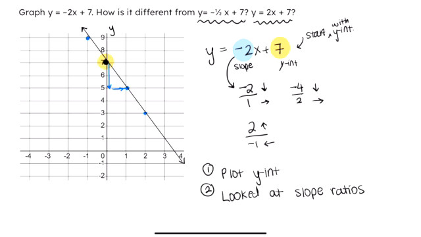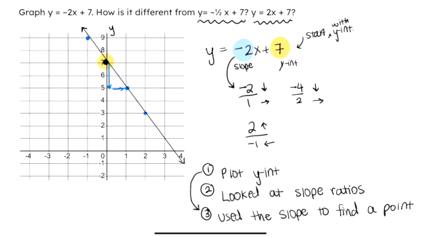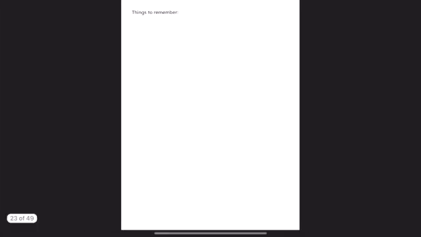Then we used the slope to find the next point. Remember that came from our y-intercept. That's where we started from. Those are the 3 examples we're going to go over today.